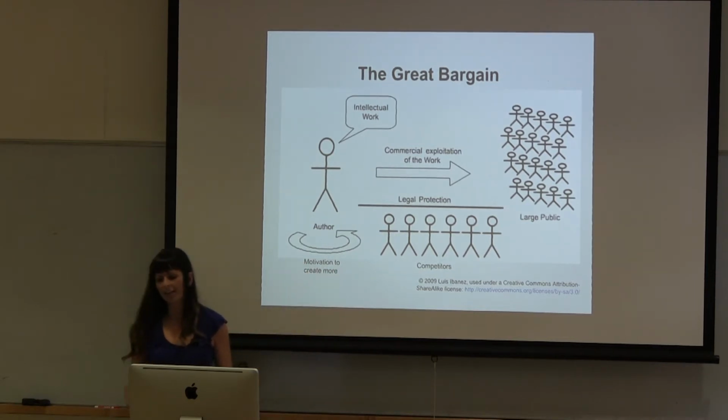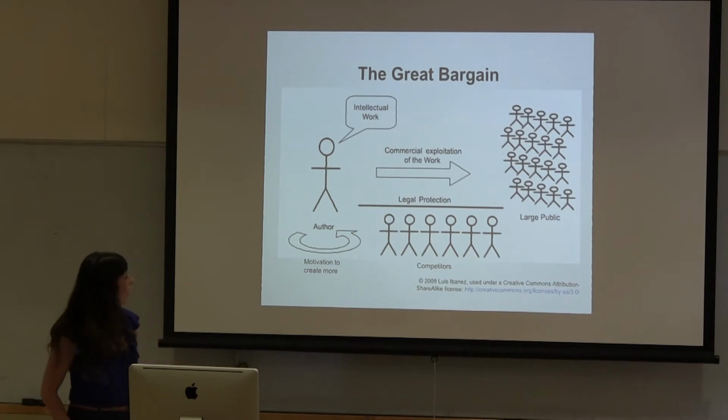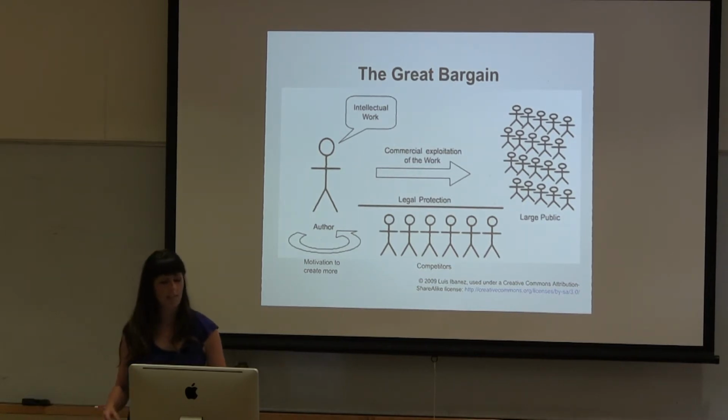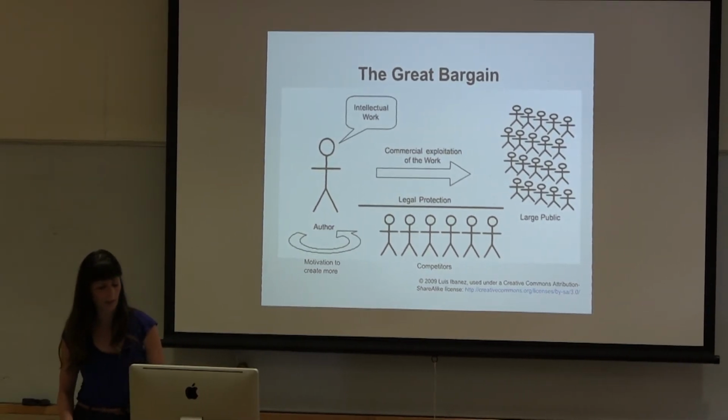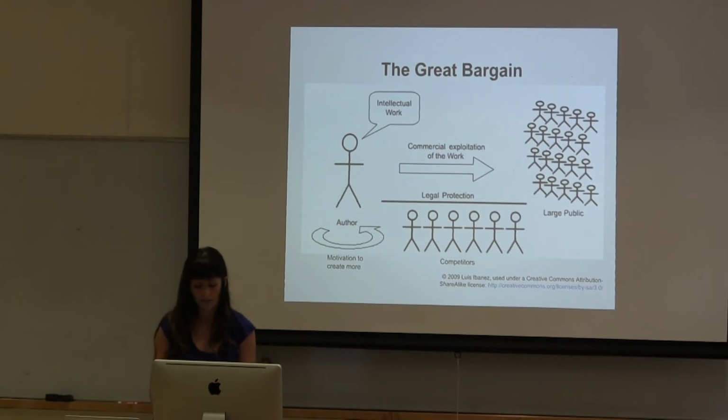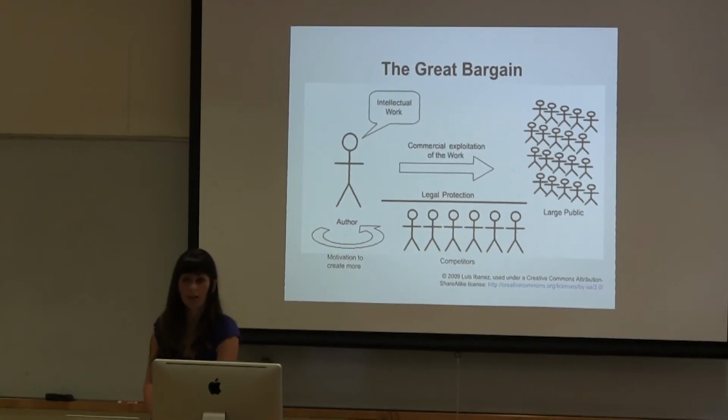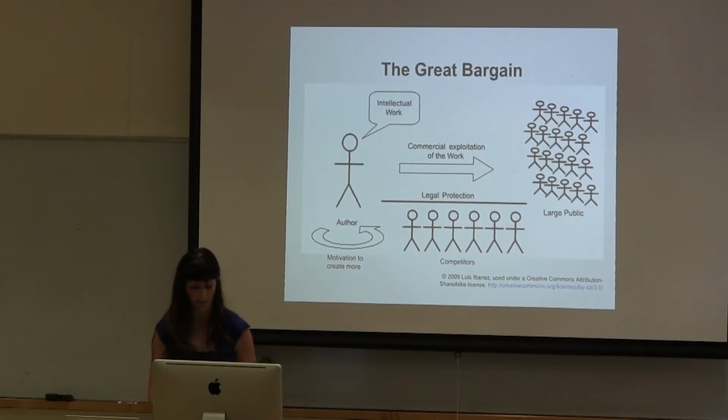So that's a really high-level view of this, but essentially it's a bargain that we want to keep people doing this because we see intellectual property, creative work, science, everything that comes from it as useful and beneficial to the public in general.